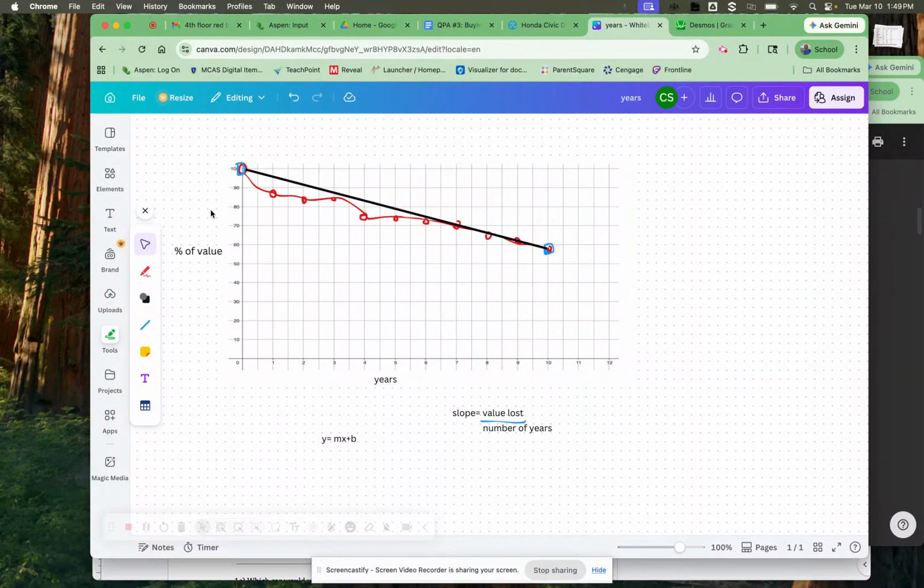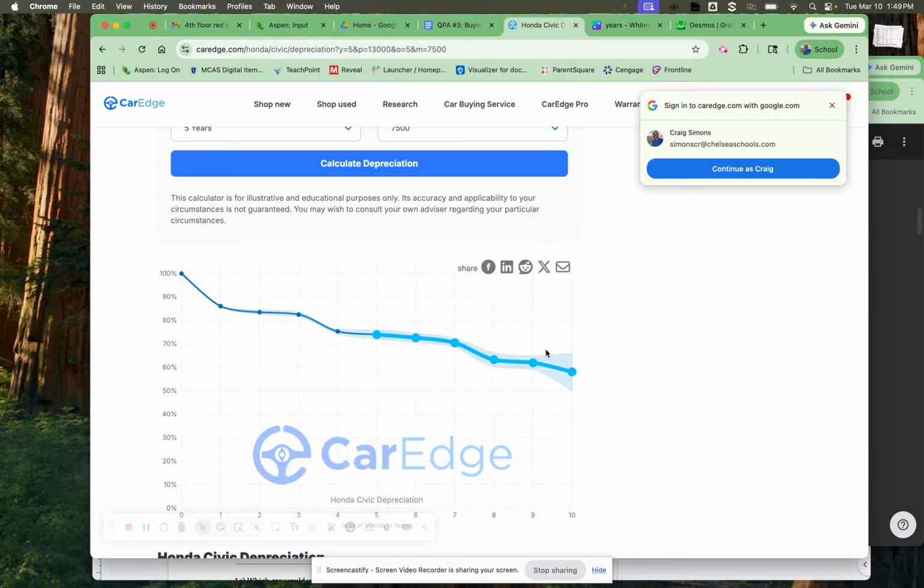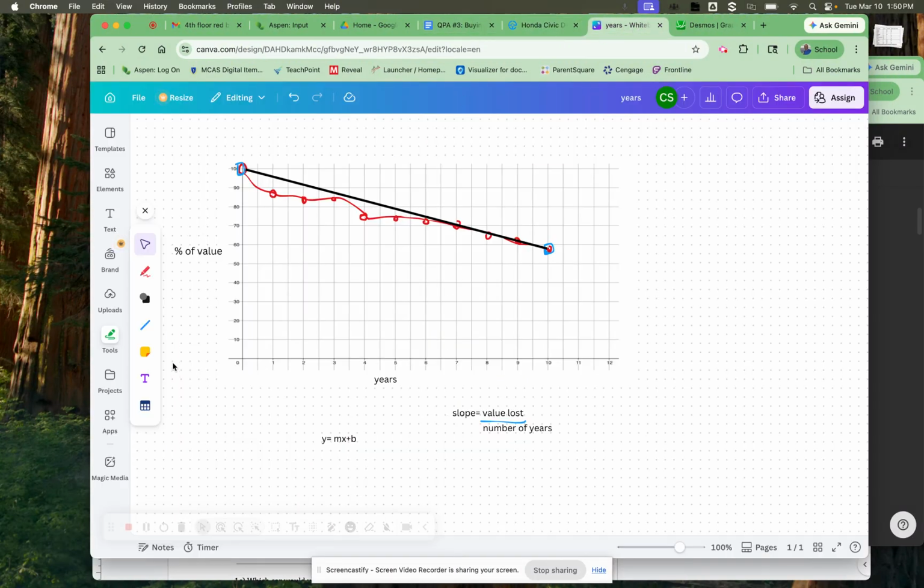So it started at 100, and it went down to 58. So how much did it lose? That's going to be 42%.